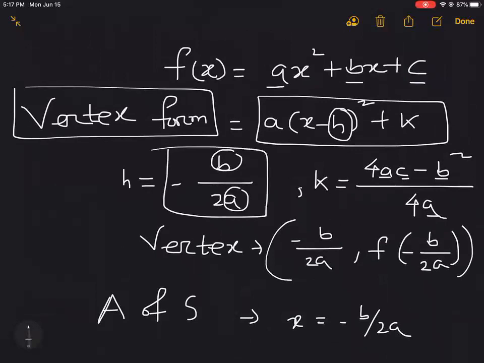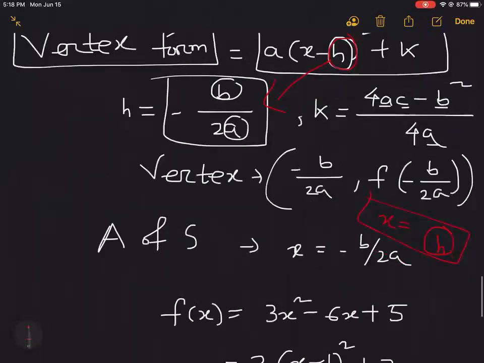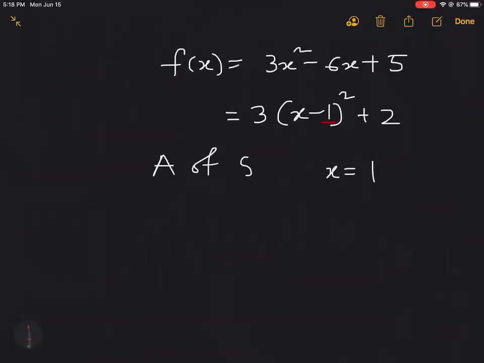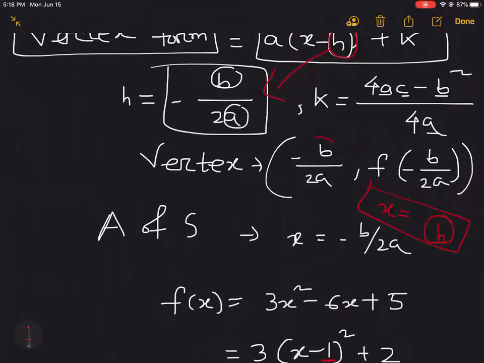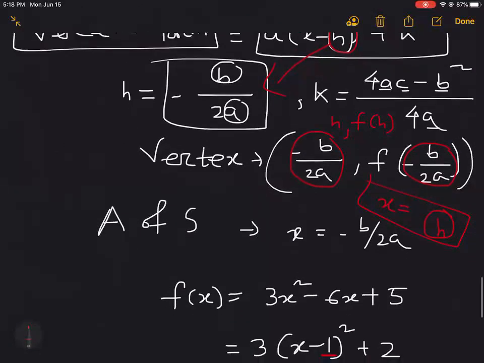So basically the axis of symmetry is x equals h. Now, is it true here? Yes, this is your h and this is your axis of symmetry. Same goes for the vertex as well. This is basically h and the functional value at h, so we can rewrite this as h comma f of h. That's your vertex.